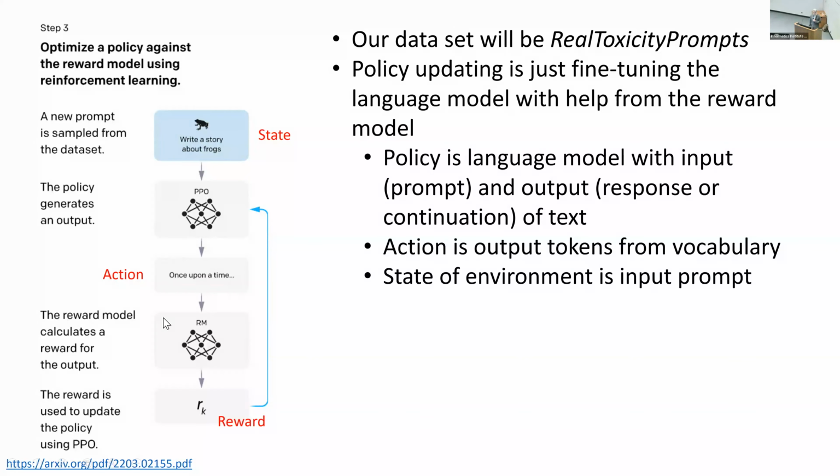Then you have your reward model separately calculate a reward for that, some output value. It's got some other stuff in there too, but you use this reward to train and fine tune our policy, which is just our language model here. So that is the step. And I think I have another example of that here too.